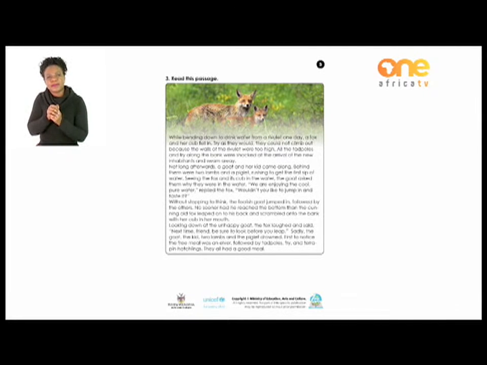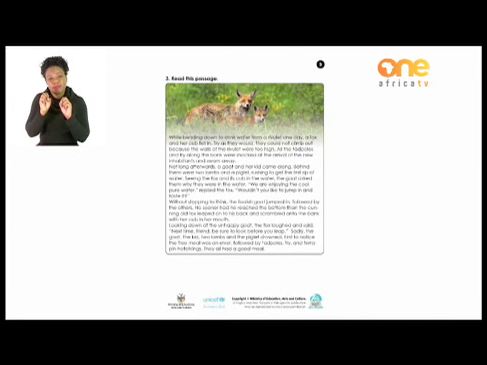Looking down at the unhappy goat, the fox laughed and said, "Next time, friend, be sure to look before you leap." Sadly, the goat, the kid, 2 lambs, and the piglet drowned. First to notice the free meal was an elver, followed by tadpoles, fry, and terrapin hatchlings. They all had a good meal.